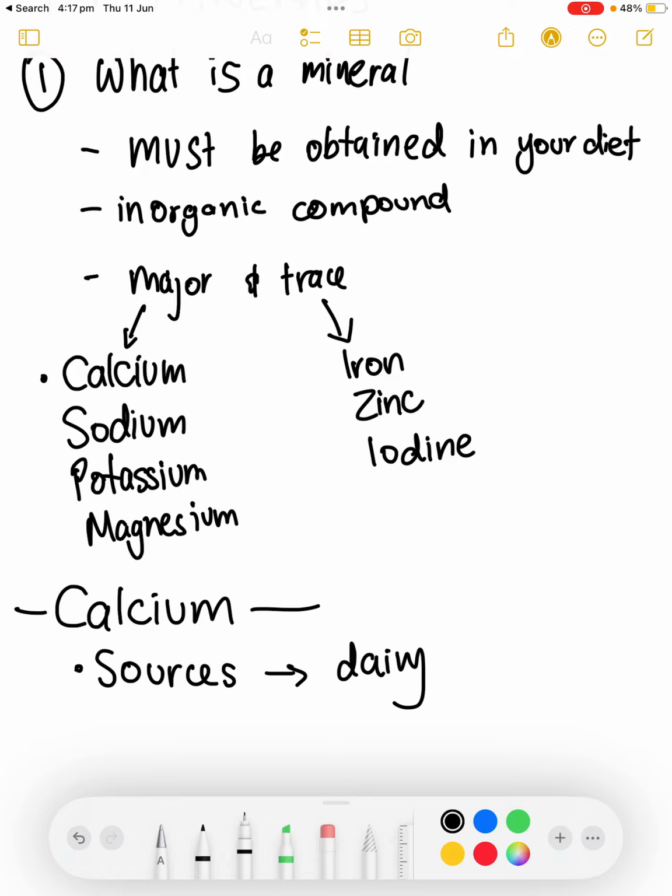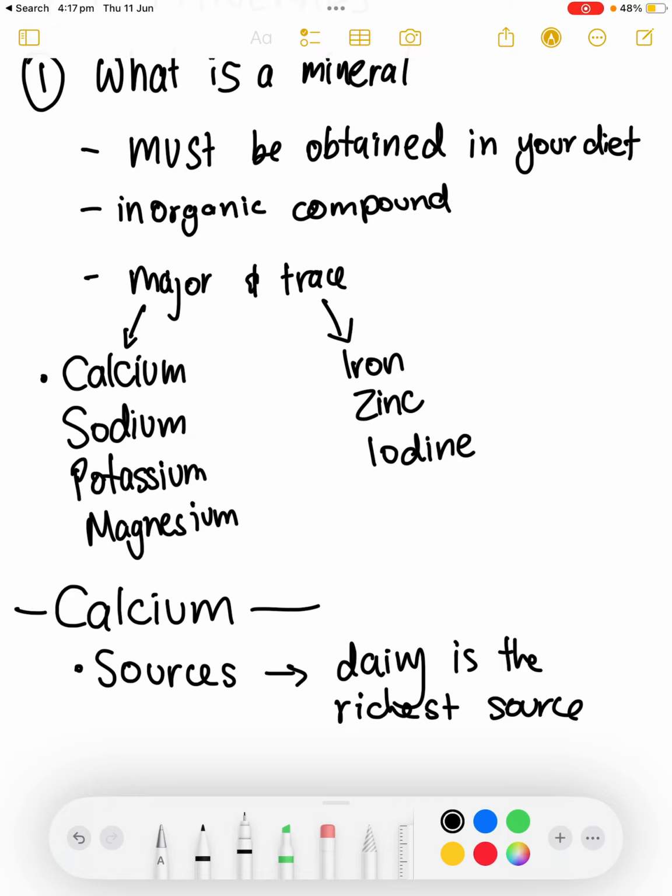Bony fish are another good example, such as sardines too, and tofu, almonds, seeds like that would have some too, and even some fortified products. But dairy is the richest source as well.